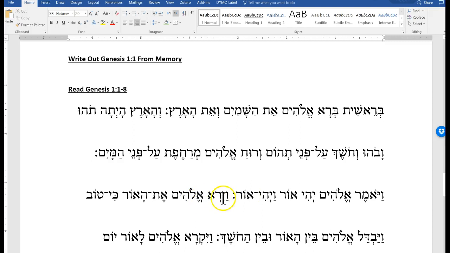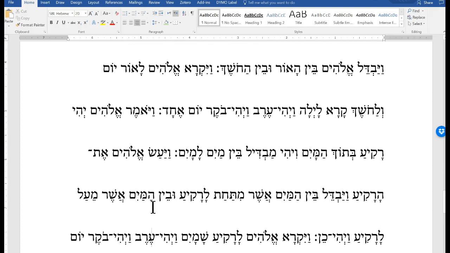And Elohim saw, Vayar Elohim. Elohim saw Ha-or. See, this is or, light, but this is Ha-or, the light. Elohim saw the light, Ki Tov, that it was good. We come here, Vayavdel. Badal in Hebrew means divide. This is a Hifil, so caused a division.